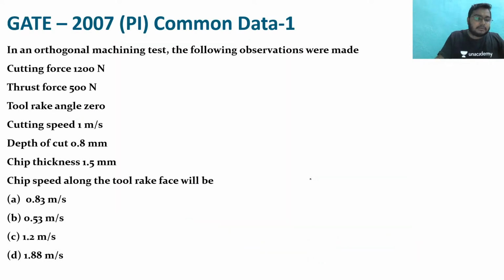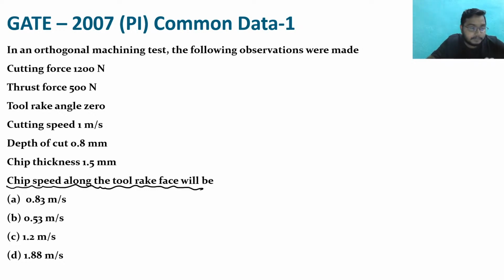Fine. Next, you solve this question. In this same question, they are asking about the chip speed along the tool rake face. Tell me, what would be the chip speed?